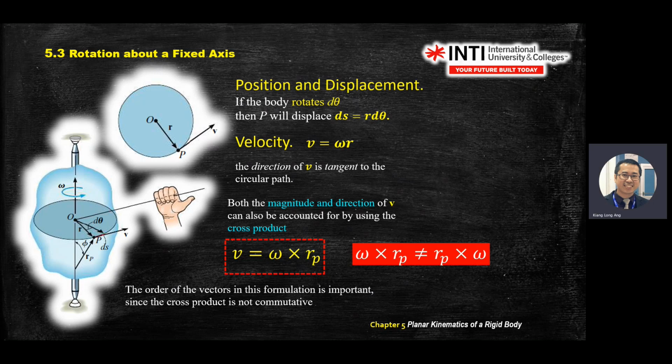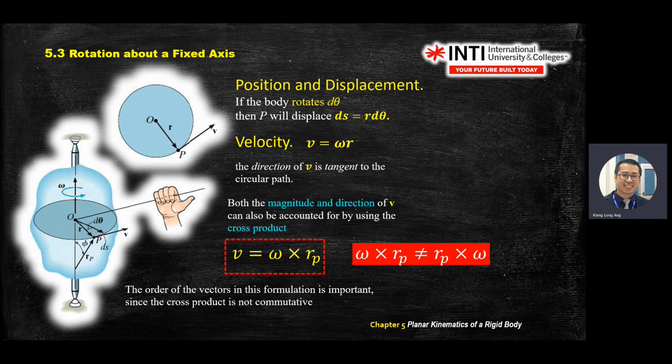I highlight here, omega cross r will not be the same as r cross omega. The direction is opposite. It means from chapter 5 onwards, your answer always needs to write omega first, then r. If you write r, omega, I'll put a question mark.